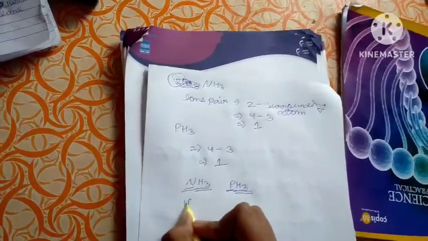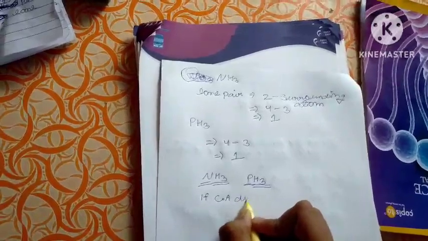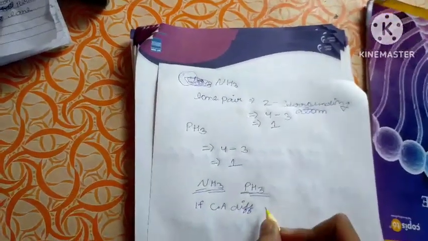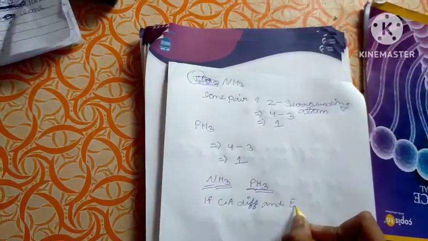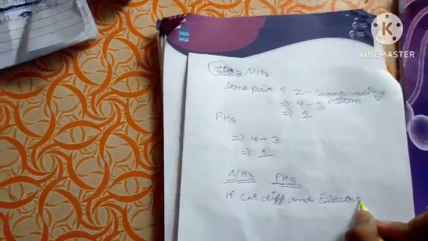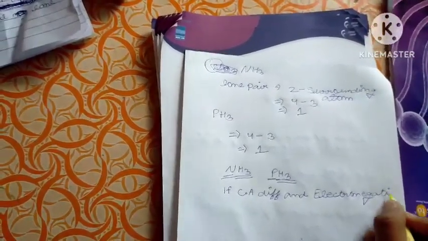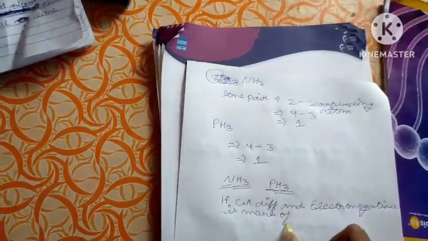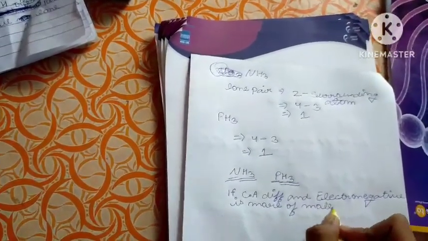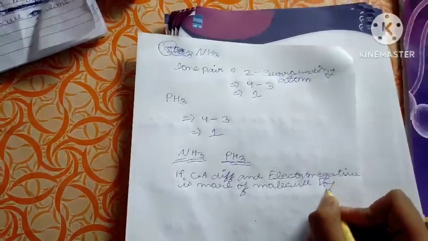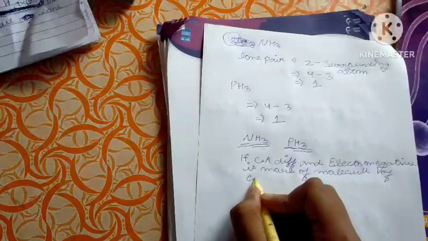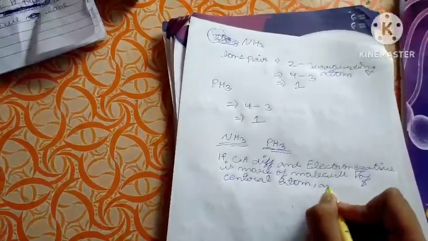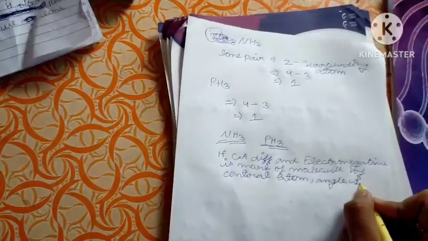So if the central atom is different, and the electronegativity of the central atom of the molecule is more, then the angle will be larger, the angle will be more, right?